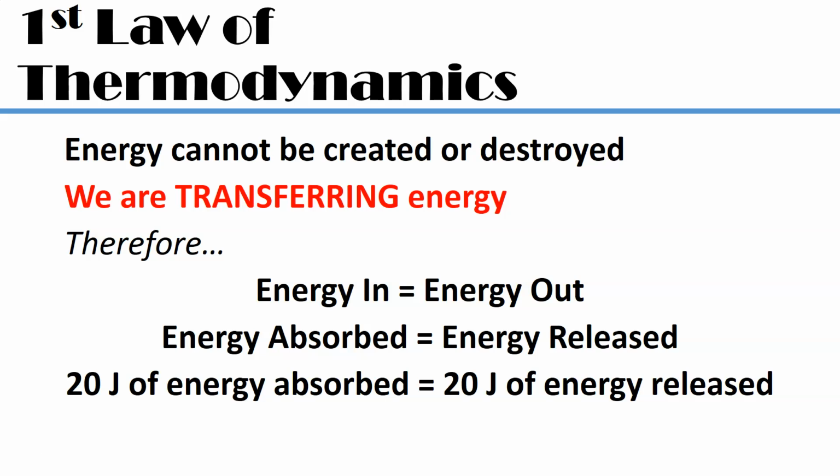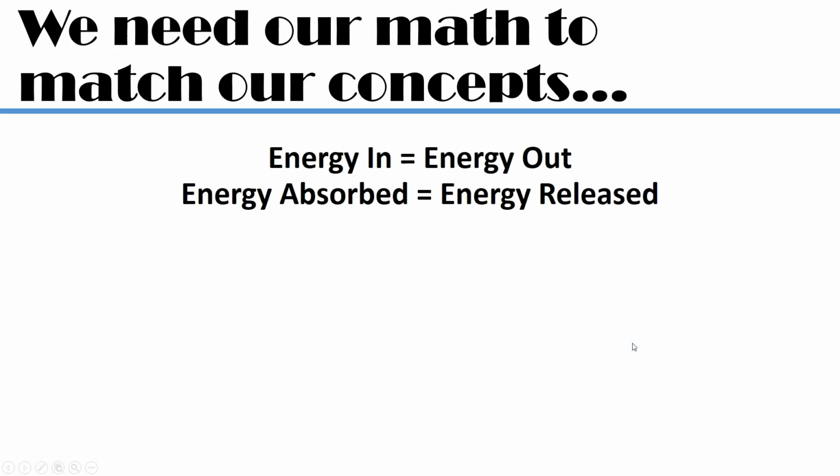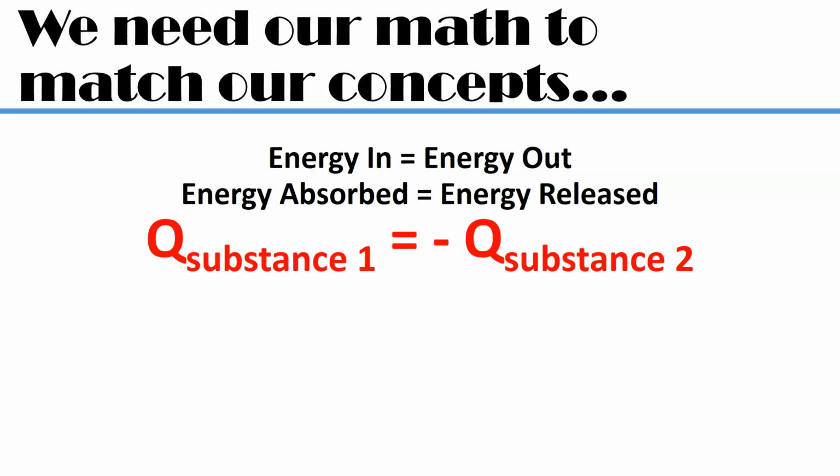So what we're going to be able to do is, instead of saying energy in or energy absorbed, let's just use our Q value, right? Q is what we use to represent the energy. So we're going to have the Q of one substance equaling the opposite algebraic sign for the other.